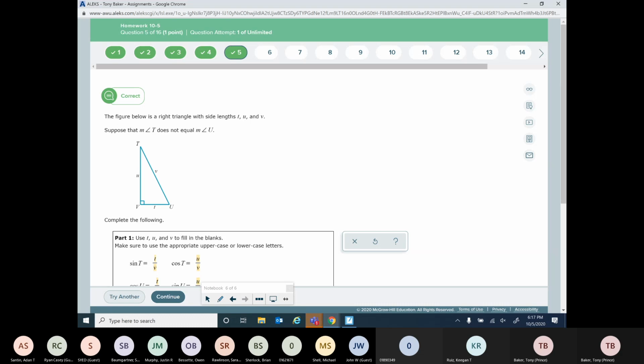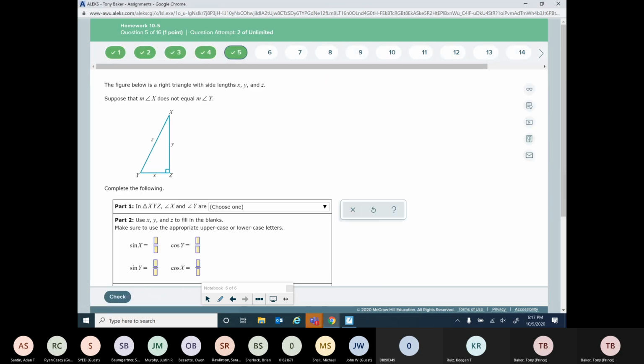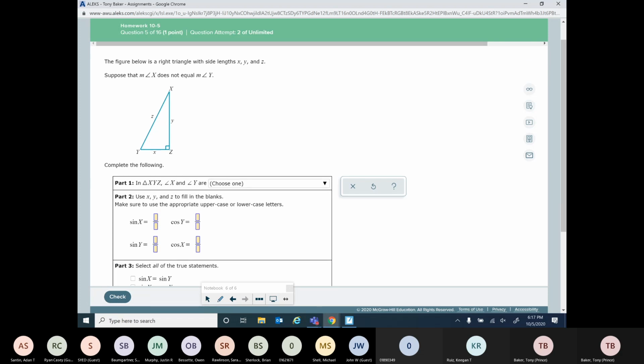So your sine and your cosine are equal when you use complementary angles, in essence what this topic is looking at. Sine of x: if we're standing up here, this is my opposite, that's my adjacent, and that's my hypotenuse. So sine of x is x over z.